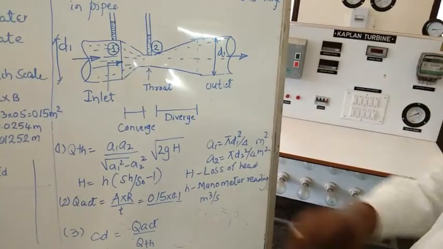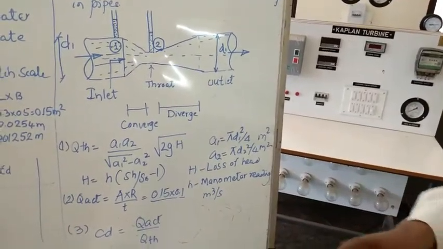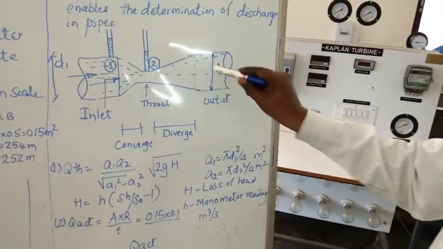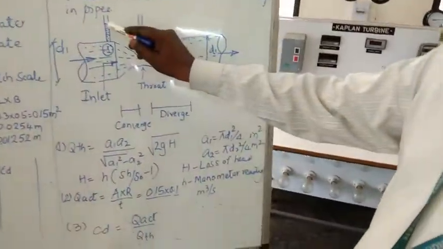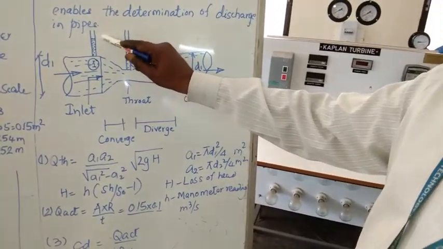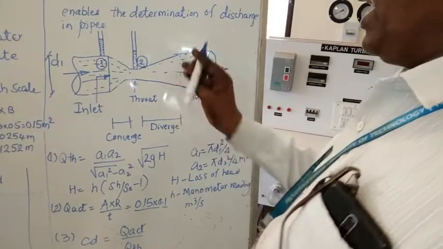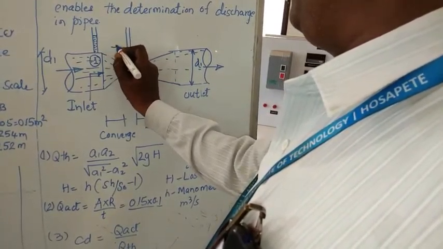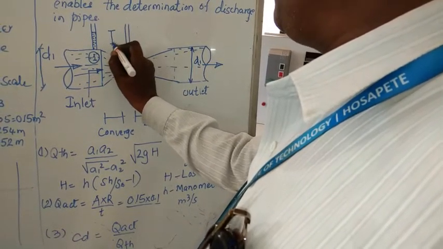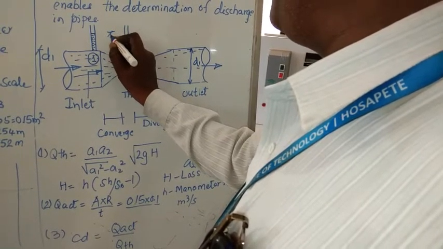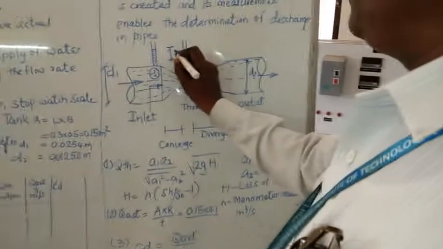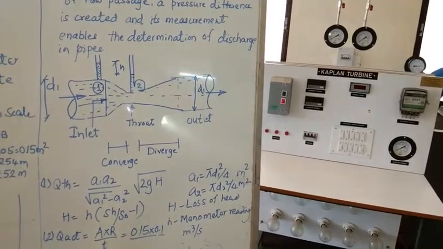When the fluid is allowed to pass through this pipe, it is connected with a differential U-tube manometer. Here the difference in head of the fluid is H1, one is the left limb and one is the right limb, and this one is small h.